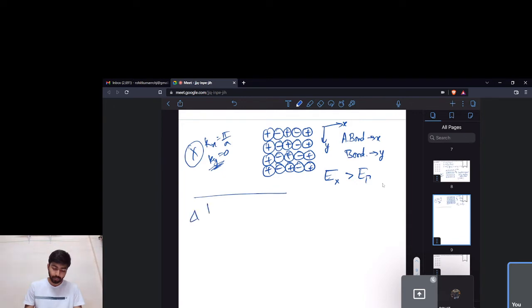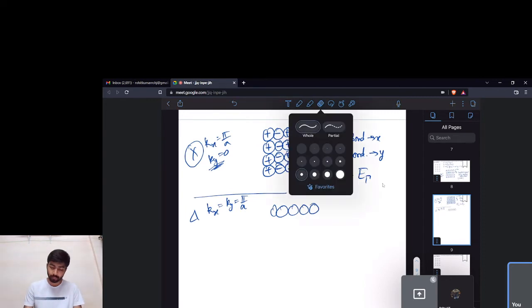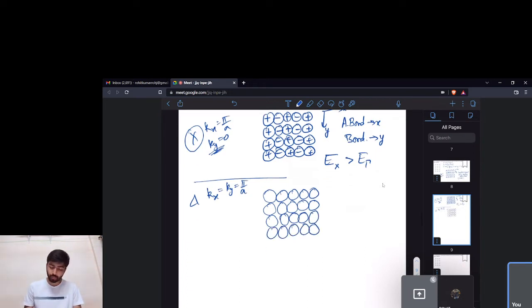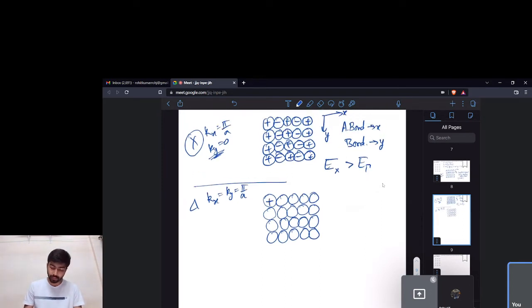At the delta point, where kx and ky are both pi by a, let's consider the x and y direction as the same. Now here in both x and y direction we have anti-bonding interaction.